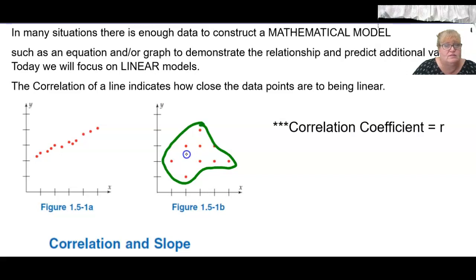I always think of it as making a nice tight worm here, or caterpillar. If your data is spread all over like this and it's more like a big blob, that's a much weaker correlation. The correlation coefficient, which is called R, will be much less.